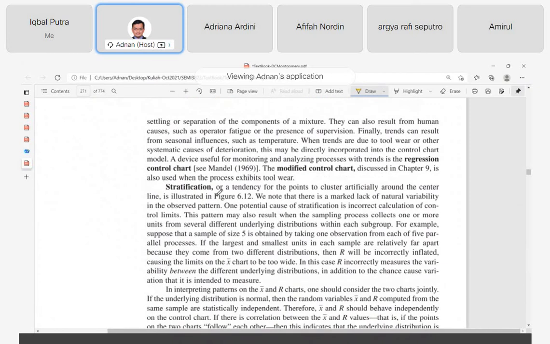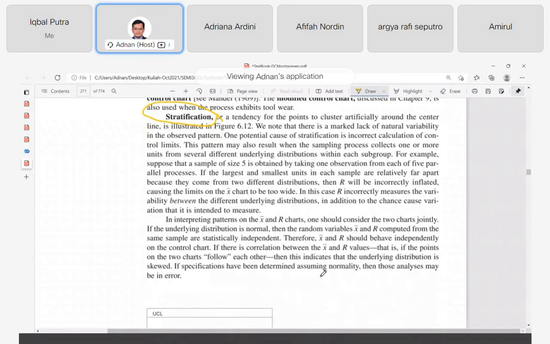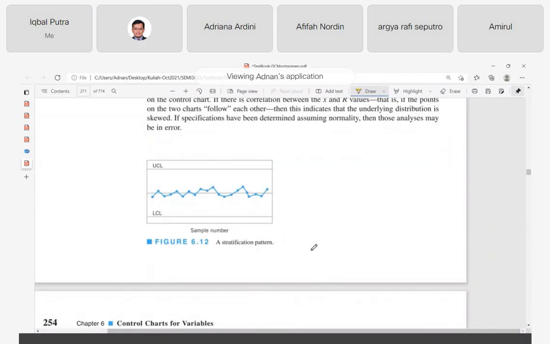There is a pattern we call stratification. Stratification is normally very close to the center line. So this is an example of a stratification pattern. This is the control limit, this control limit.